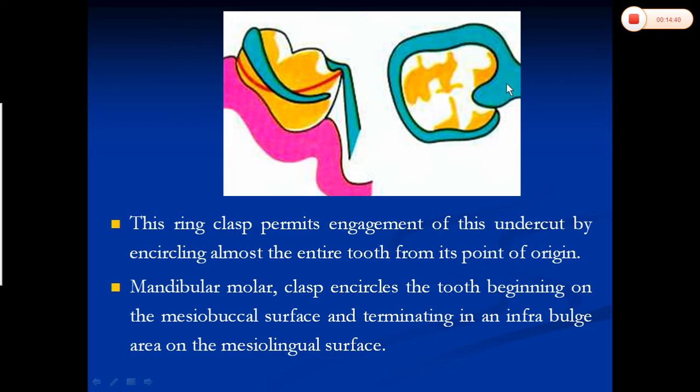So it starts here, covers the entire tooth all over and ends here. As it is covering the entire tooth, it is known as ring clasp.